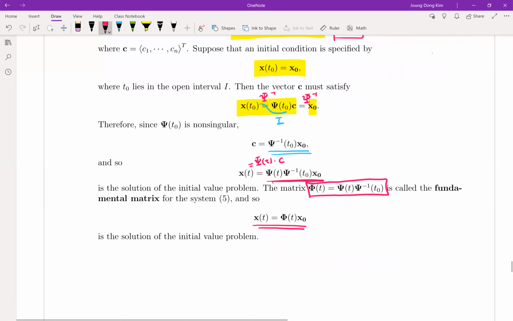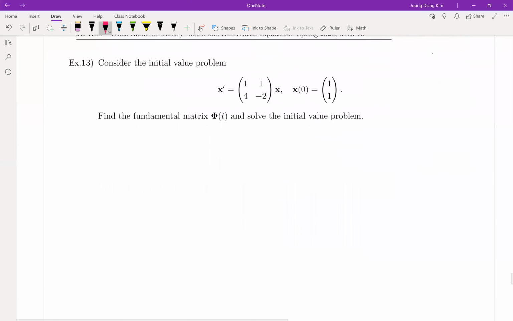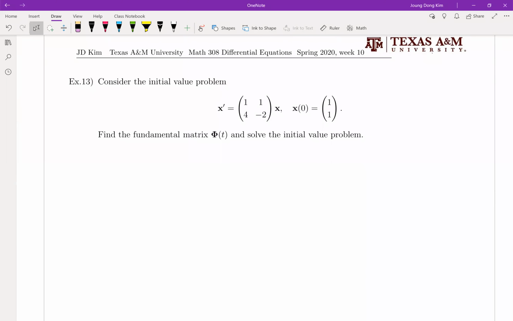So that's it. We can use this as a formula. Let me give you one example, then it might be much easier to understand. Here we go. It is the same problem, but it is an initial value problem, and we're going to try to find the fundamental matrix. Then we plug in x equal to 0, t equal to 0, and everything will be done.